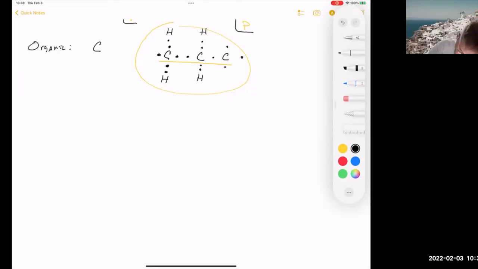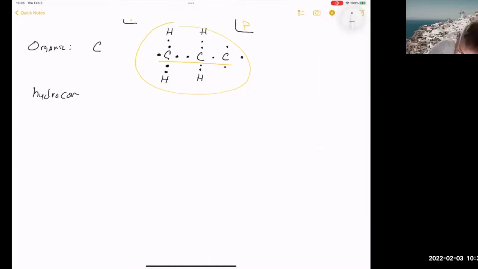So we talk about organic chemistry. The simplest organic molecules are what are known as hydrocarbons. All right. And they're just simply carbons and hydrogens, right? So the simplest hydrocarbon is a carbon that is covalently bound to 4 hydrogens.